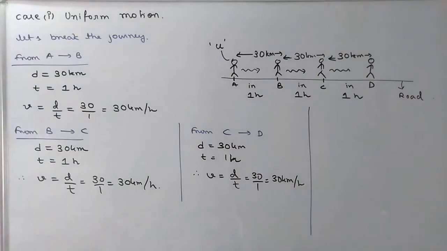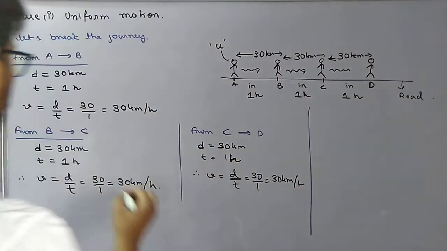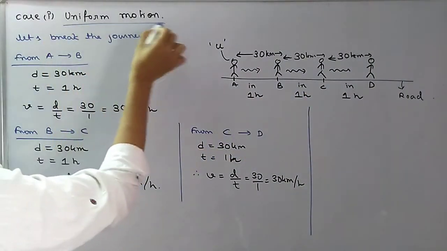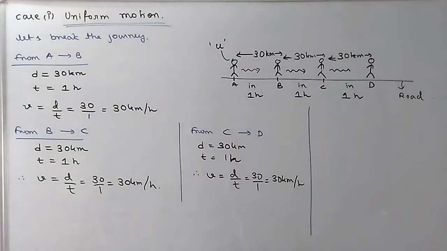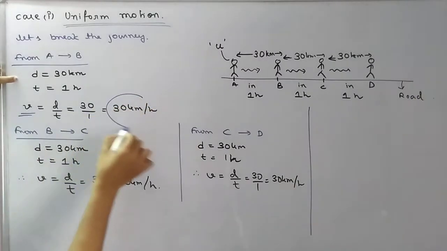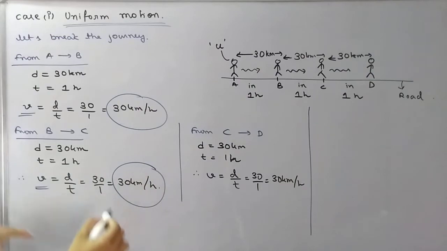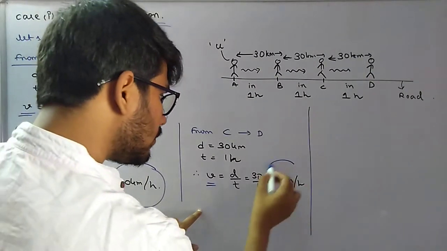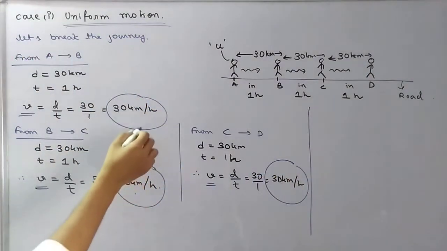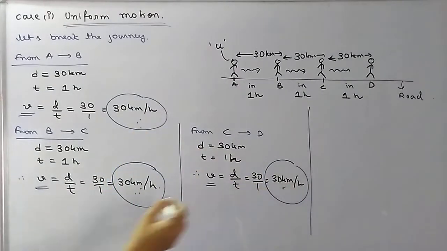Now we come to the very important discussion. The idea is that if the body is moving with uniform speed, if the body is undergoing uniform motion, in that case the value of speed throughout the journey is the same.